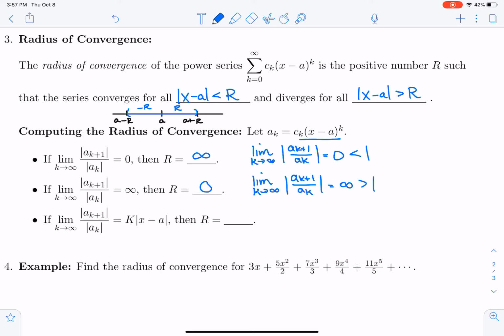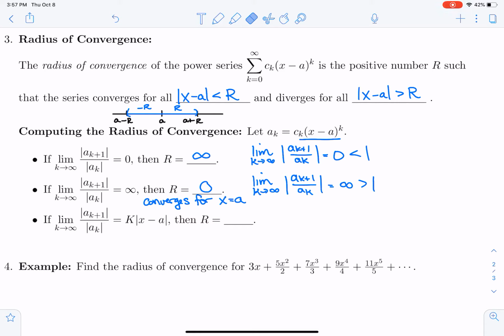It may be strange that we're calling the radius of convergence 0. You would think that this series doesn't converge for any x, but it actually still converges for x equals a. Because if we plug a into our series, then a minus a is 0, and we get an infinite sum of zeros, which does converge. So there's still one point at which it converges.